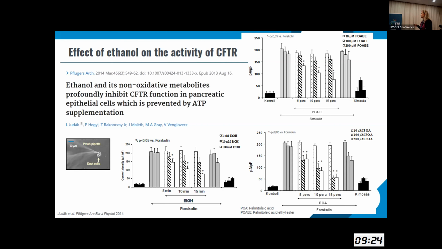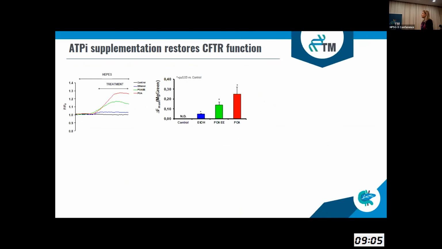We also found that the non-oxidative metabolites of ethanol, the palmitoleic acid ethyl ester, and also the fatty acid, palmitoleic acid, had a similar effect on the CFTR activity. In the next step, we investigated the underlying mechanism.